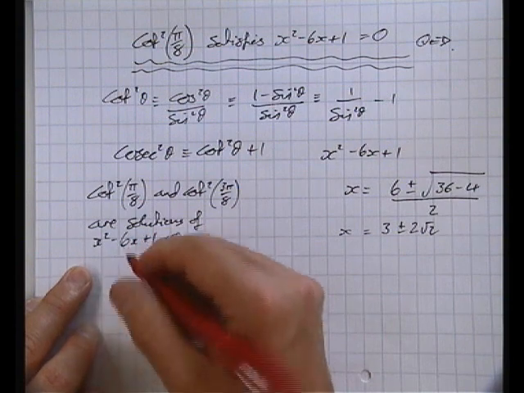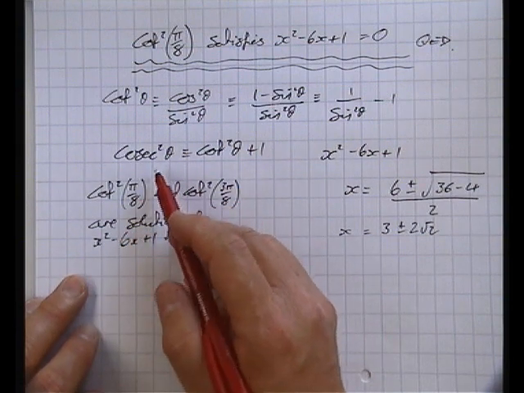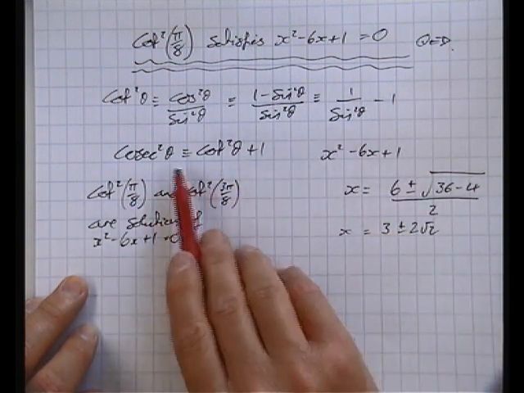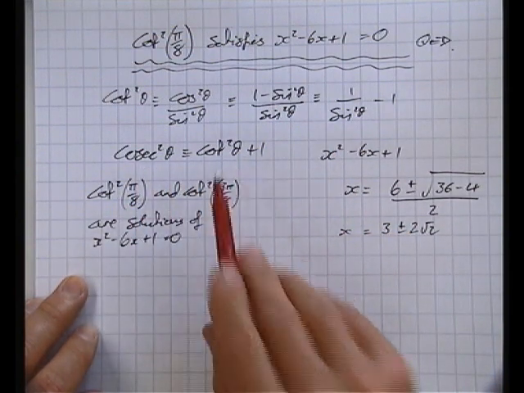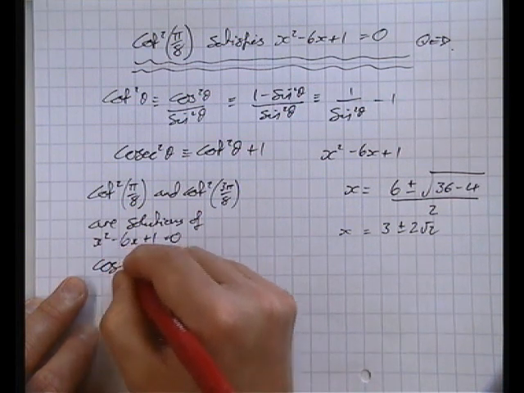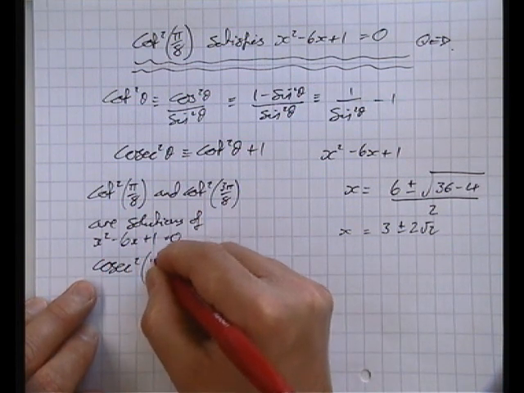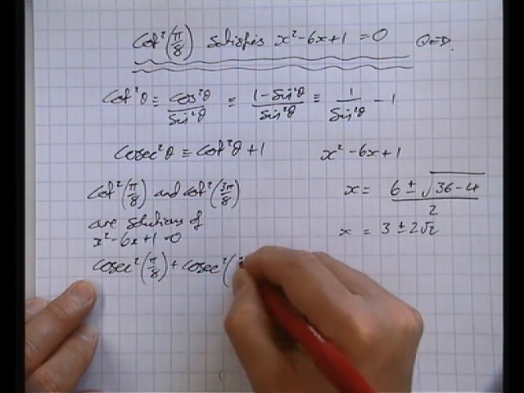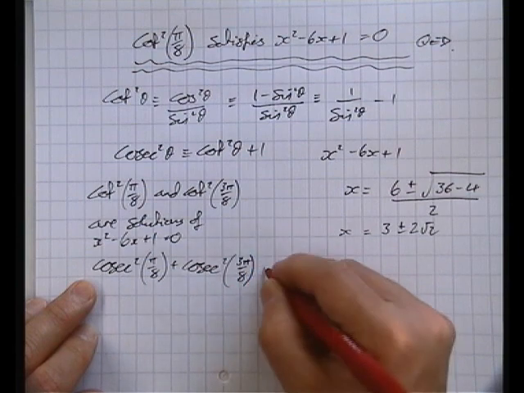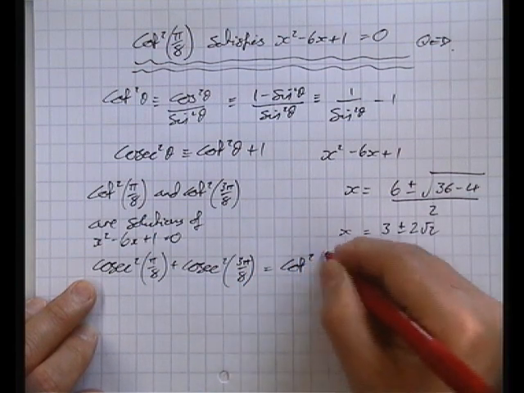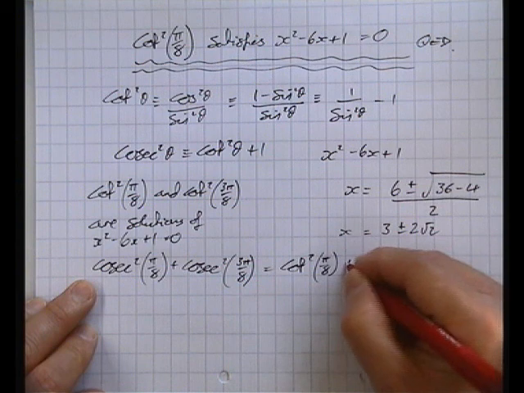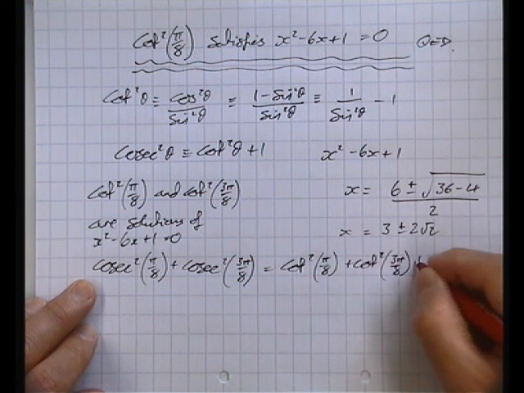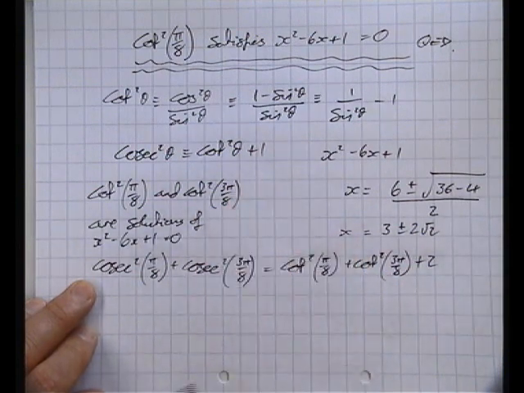Anyway, we need cosec squared pi by 8 plus cosec squared 3 pi by 8. And by our little identity here, we can say that cosec squared pi by 8 plus cosec squared 3 pi by 8 is going to equal cot squared pi by 8 plus cot squared 3 pi by 8 plus 2, because I'll add on plus 1 each time.